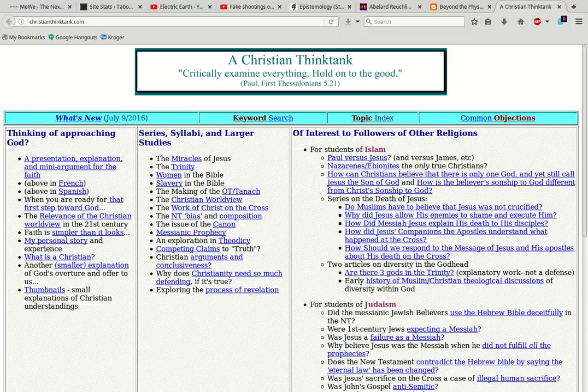So even though we don't have absolute proof of what the canon should be, we have a pretty good probability and good rationale. Now, in spite of the fact that the Bible took over 1,400 years to assemble, from the writing of the first book to the writing of the last book, they have a unified theme.